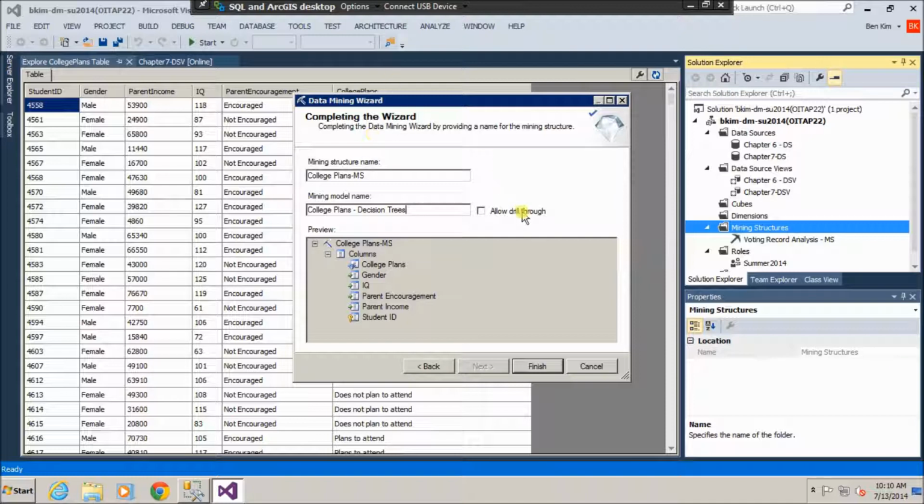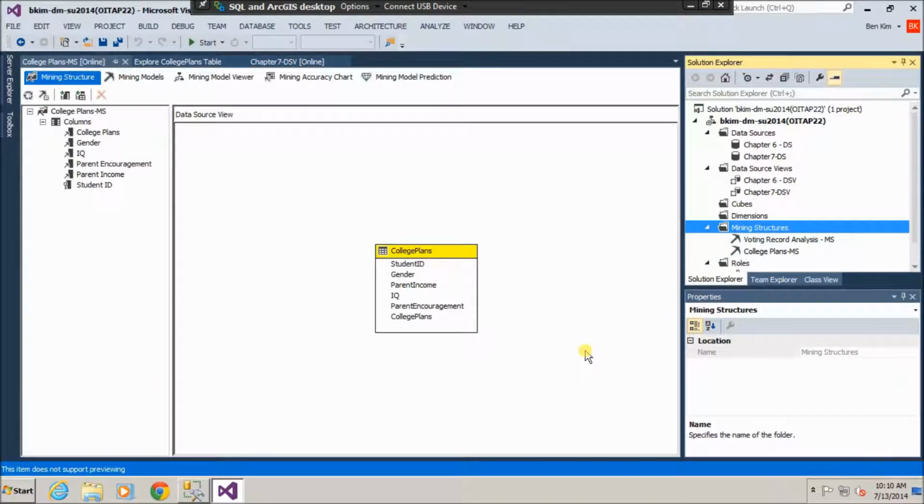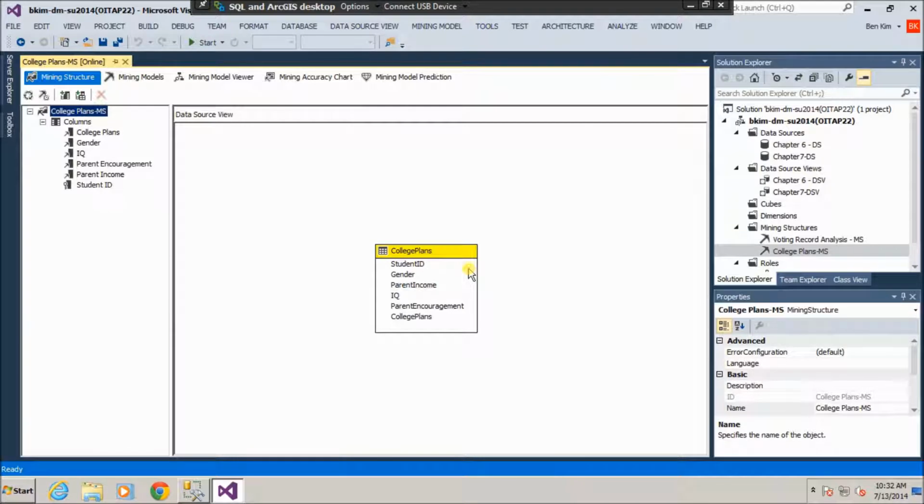So let's allow drill through. Once you click this, you're going to see the details, actually individual data later on. So let's check it and finish. Now we have a mining structure defined. So let's process it and let's see how it goes.